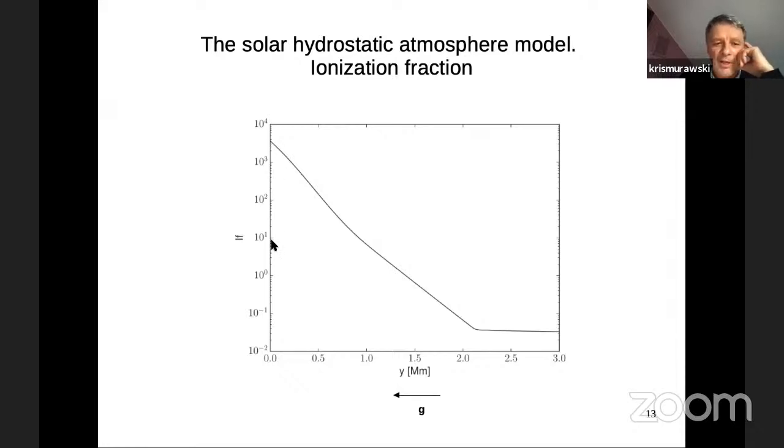You see that at the bottom of the photosphere, where gravity points this way and this is height, there are more than 3,000 neutrals per ion, but subsequently in the corona, which occupies this region high up, the ionization fraction declines with height to low values. So there are very few neutrals in the corona.